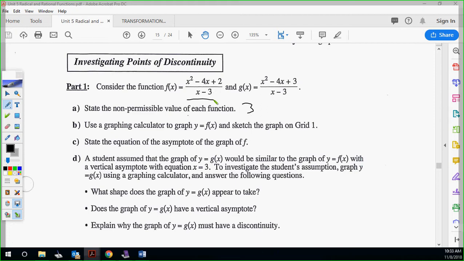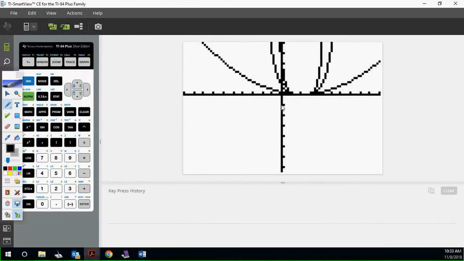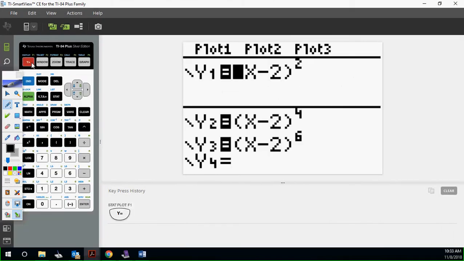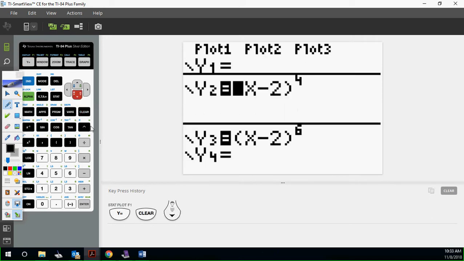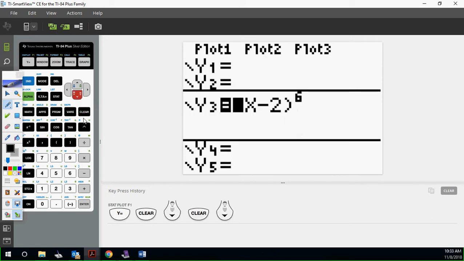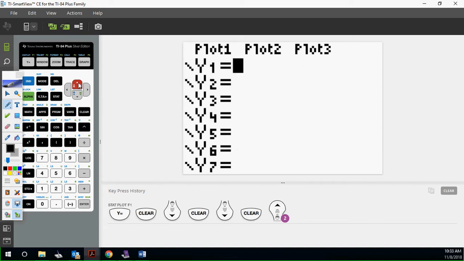Let's go ahead and pull mine up too here just a second. Okay, so let's go ahead and get these put in here. So let's go clear for me. All right, so let's get this stuff put in. So x squared minus 4x plus 2 and the y1.